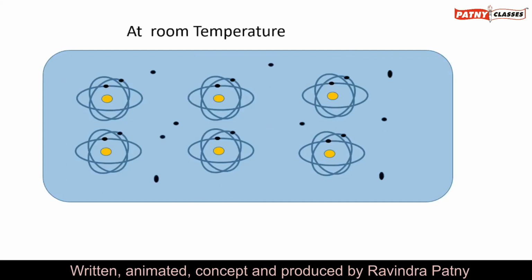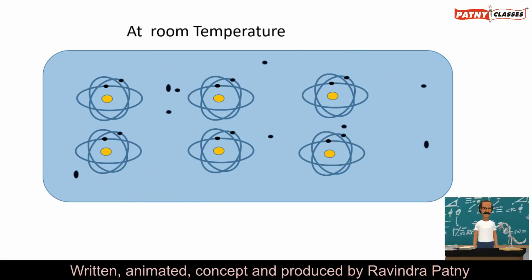At room temperature, these free electrons get some energy from the surrounding temperature, and with the help of that energy they move randomly inside the crystal structure.